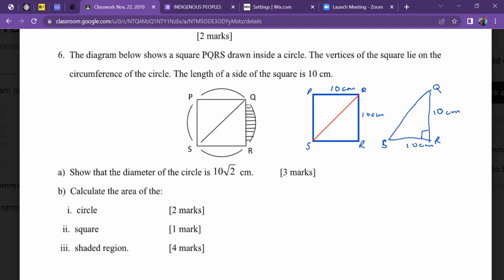What about Pythagoras theorem? It's a right angle triangle, yeah? What does Pythagoras theorem state? C squared equals A squared plus B squared.